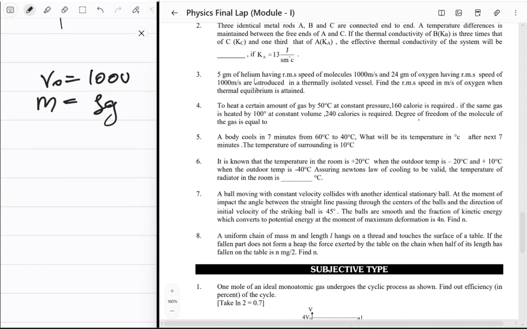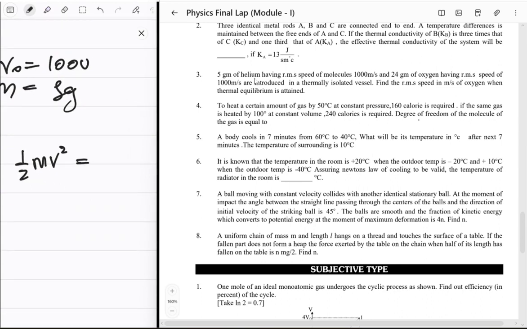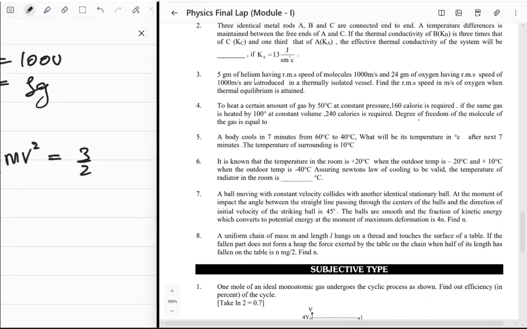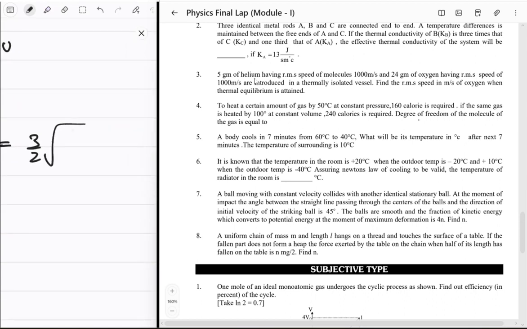This is so complicated. RMS speed of oxygen in thermal equilibrium. Okay, half mv squared is equal to 3 upon 2 RT. You get the idea, right? Actually, total kinetic energy is just equal to 3 upon 2 square root of RT upon M. What am I even doing?